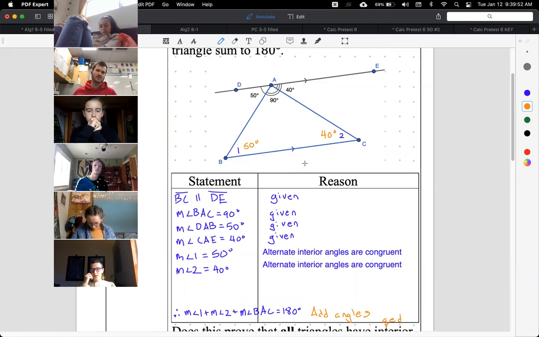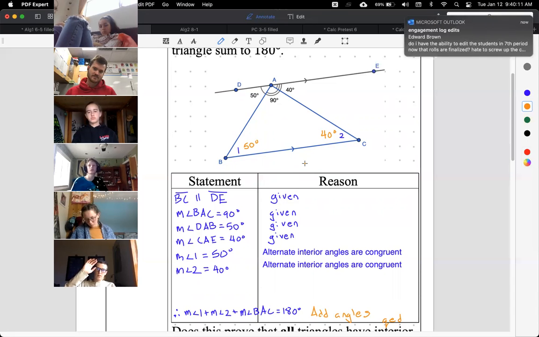What tweak could we do? Charles? You could probably change the starting angle to something different. Like what? Like instead of 90 degrees, it could be, I don't know, 23 degrees. Okay, yeah, just a different angle.